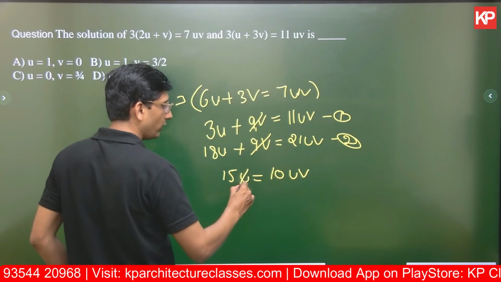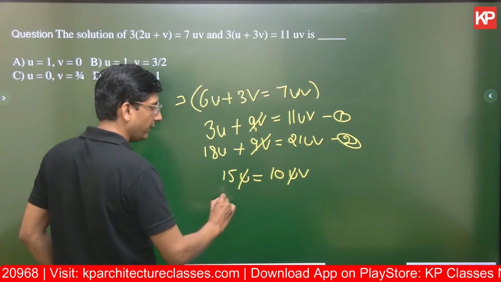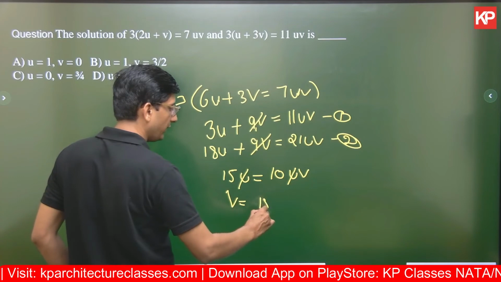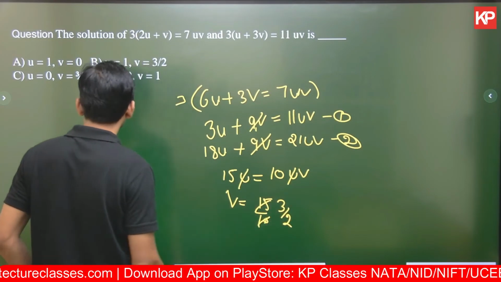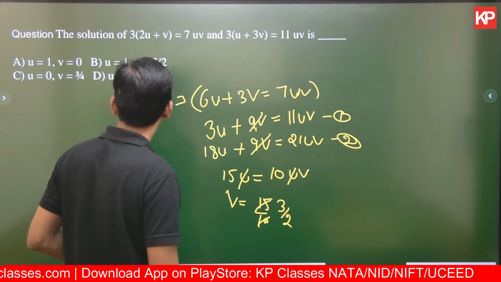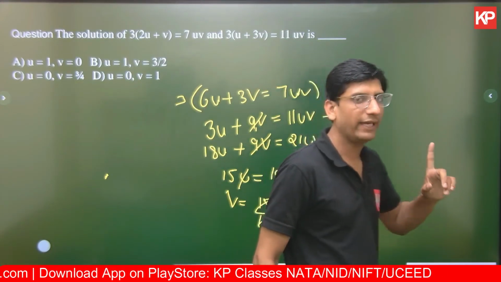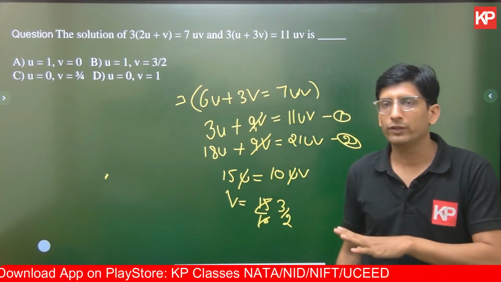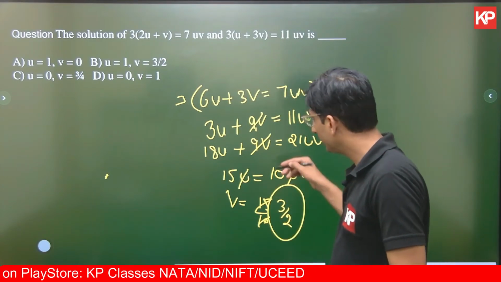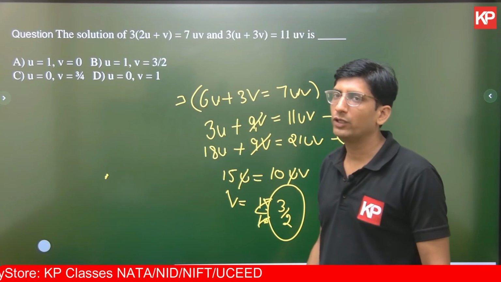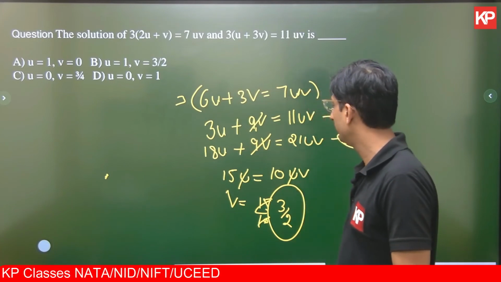So u is on both ends, it got cancelled, and the value of v is 15 by 10, that is 3 by 2. So here we have the value of v. Again, I have told you this many times, don't solve the question completely by reasoning. After getting one of the values, just check whether there is more than one option in which the value of v is given as 3 by 2.